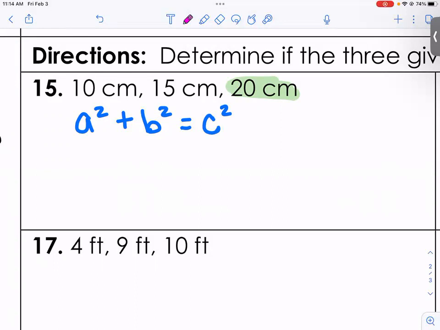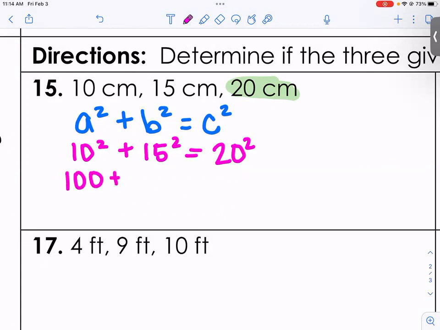So we're gonna set up 10 squared plus 15 squared equals 20 squared. I am so glad that we have our work from the past couple days. Guess what? We know what 10 squared is. Aretha, what's 10 squared? 100.